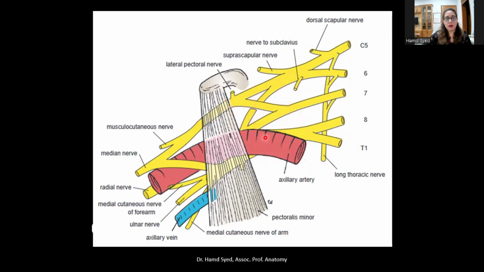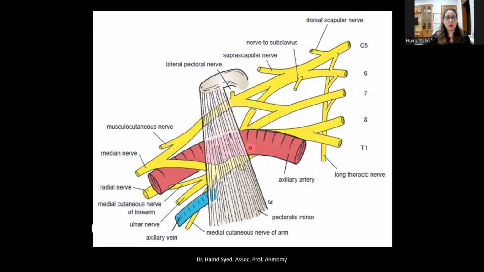Whereas the posterior divisions of all three trunks will unite to form the posterior cord of the brachial plexus, and the anterior division of the lower trunk is going to simply form, you can see, the medial cord of the brachial plexus.